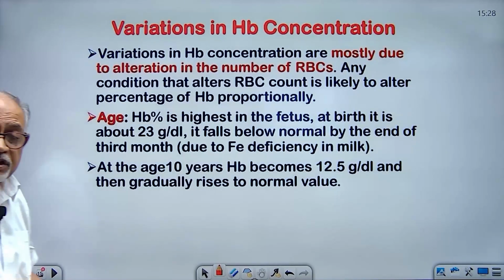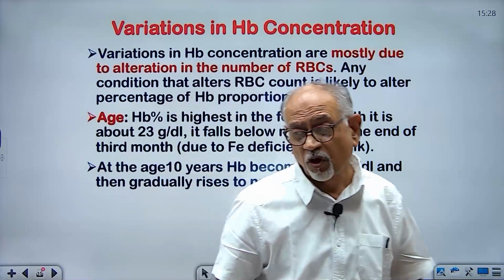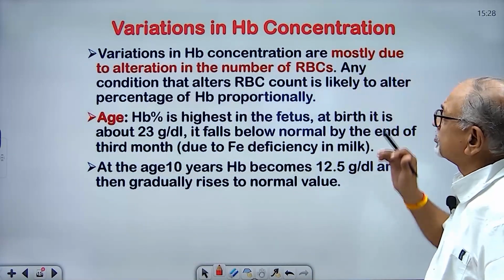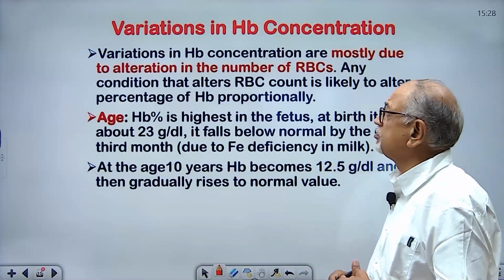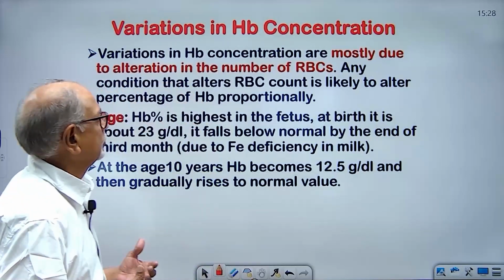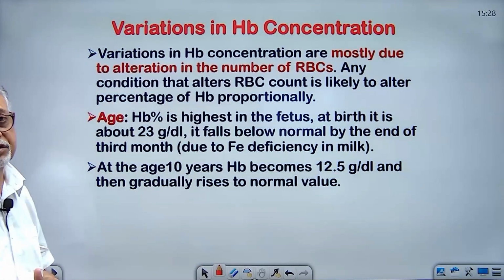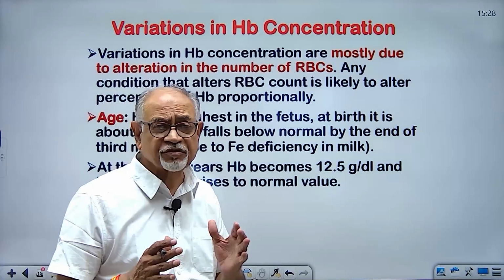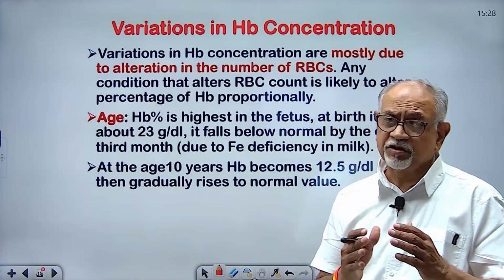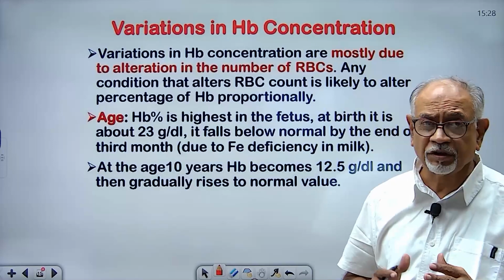Now, variations in hemoglobin concentration. Variations in hemoglobin concentration are mainly due to the RBC count. Any condition which affects the number of RBCs also affects the hemoglobin concentration.